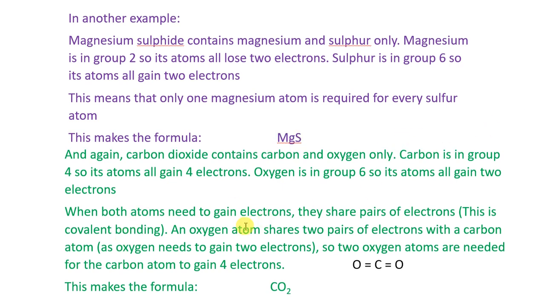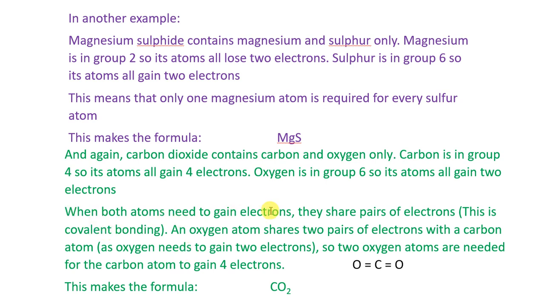Another, carbon dioxide. Carbon and oxygen only. Carbon is in group 4. Group 4 means 4 in the outside shell, so 4 more electrons need to be gained. Oxygen is in group 6, with 6 in the outside shell already. 2 need to be gained.